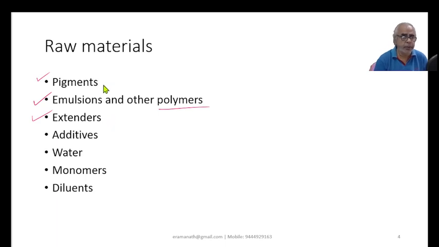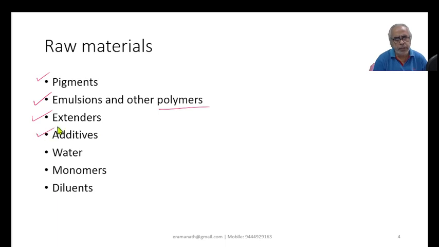Titanium is a true pigment, whereas extender is a false pigment. So, in order to reduce the cost of the paint, we can incorporate such types of surface fillers. So these extenders may be, as I already mentioned, china clay, soapstone, etc.